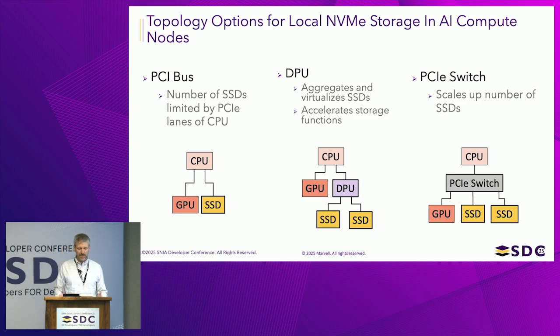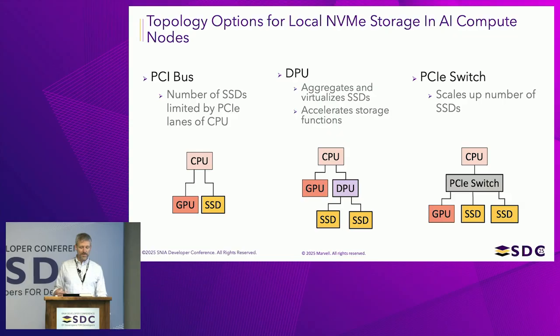And then the GPU is also connected to the CPU via PCIe bus. So when you do that, you're limited in terms of how many SSDs you can connect, because it's really determined by the number of PCIe lanes that are available from the CPU for storage.